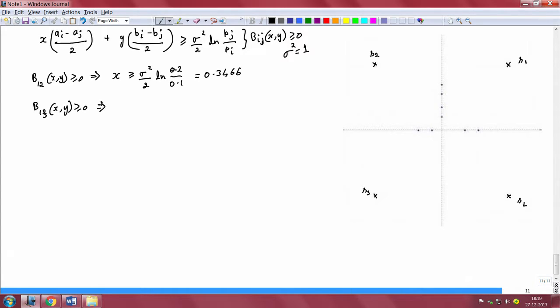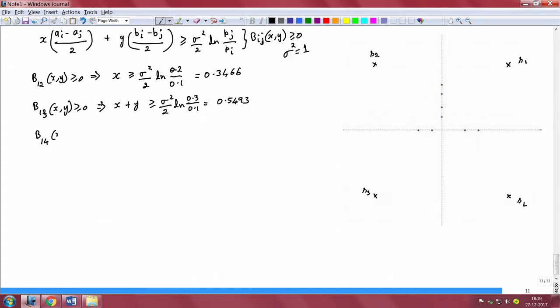Similarly, we compute the boundary between 1 and 3. Here a1 and a3 are different and b1 and b3 are also different. So, we will have both x and y terms greater than or equal to sigma square by 2 ln 0.3 by 0.1. This comes out to 0.5493.